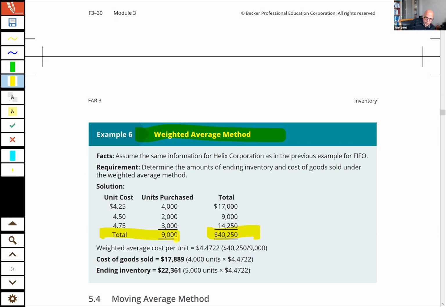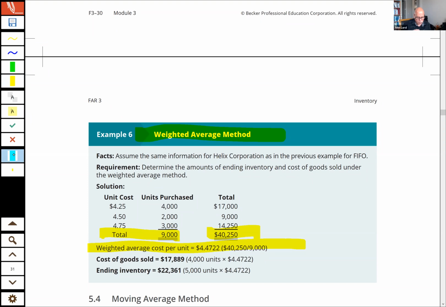They divide that by the total number of units, 9,000, and they get a weighted average cost per unit of 4.4722222222. I do that 2222 because I get students who say, John, I tried it and I can't get their answer. And it's because they rounded here. Meanwhile, there's enough twos after that last 2 that you see here to mess up your answer to where it would make you feel funny.